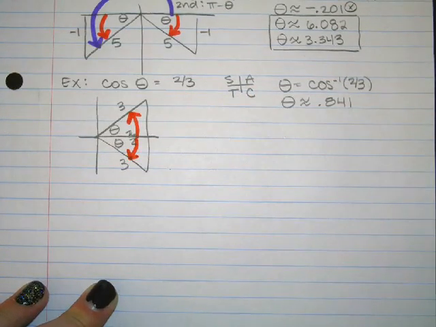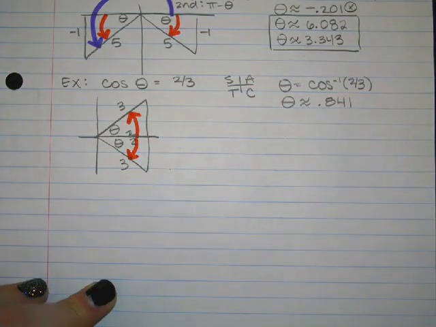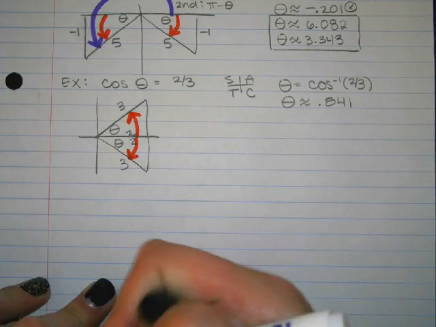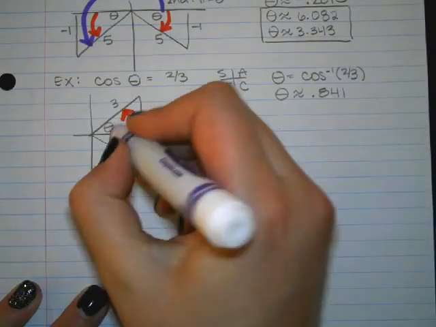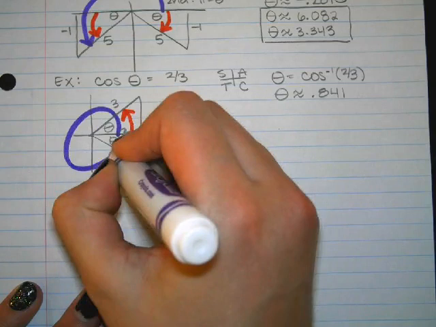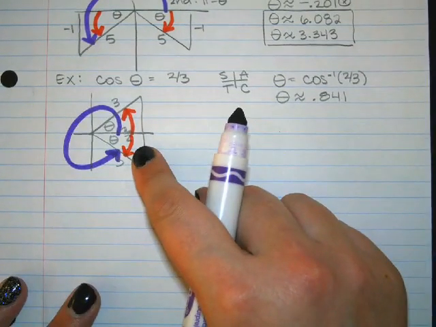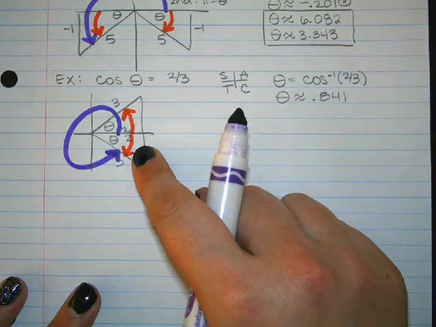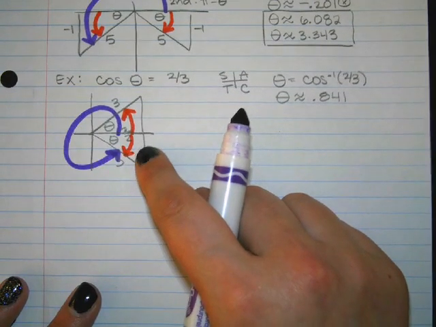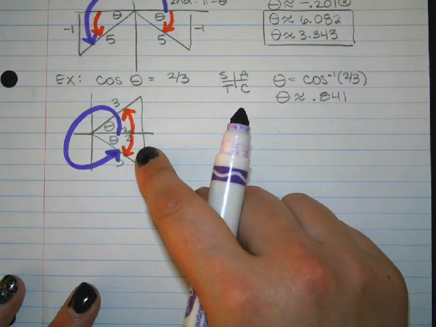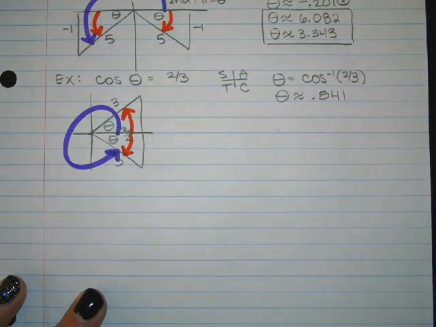Do we want to measure the angle like that? Nope. We want to start at the beginning and we want to go all the way around, but we don't want that part. So I almost want a full circle, but I don't want the red to count. 2 pi minus the angle we just got.